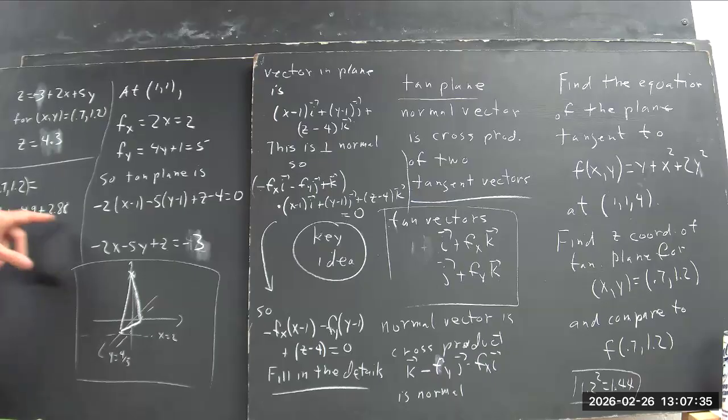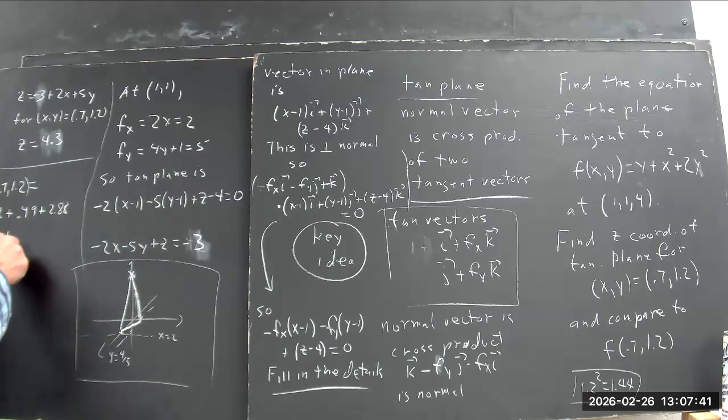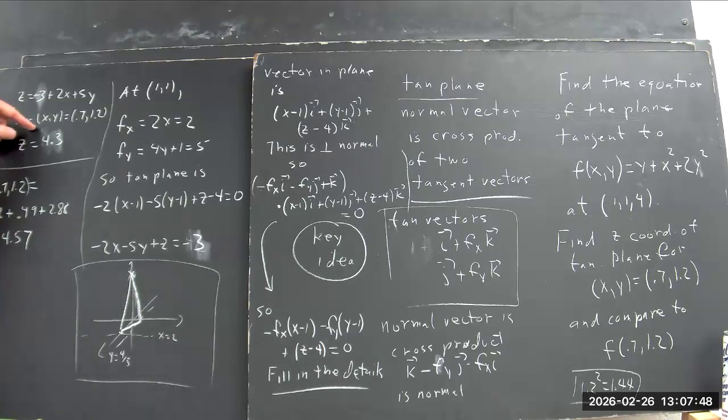Okay, now 2.88 and 1.2 is convenient, 4.08, and then I add 0.49 and I get 4.57. And that's probably wrong too. But you see, it's pretty close to this, right?